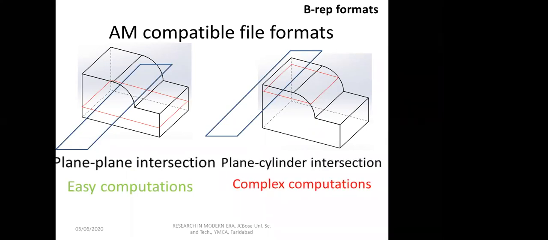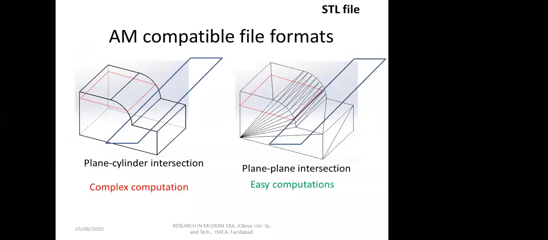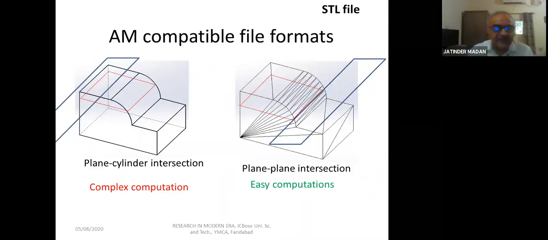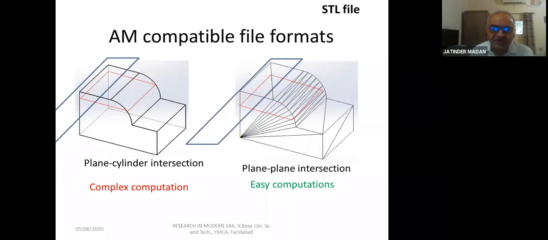The moment I divide this into triangles, this is again a plane intersection, because now you have replaced this cylinder with many small planes. So you will get this kind of plane area, or the outside area information, with this slicing. I hope this answers your question, Piyush.